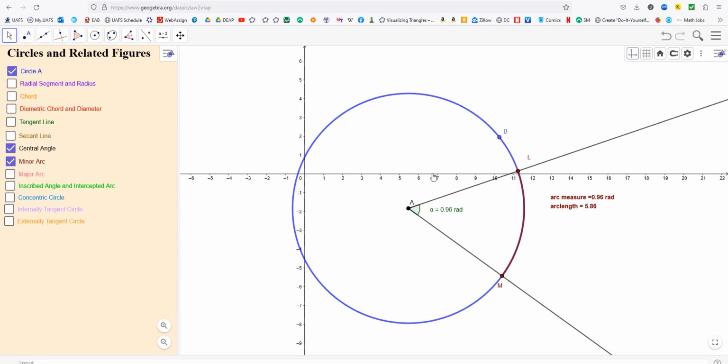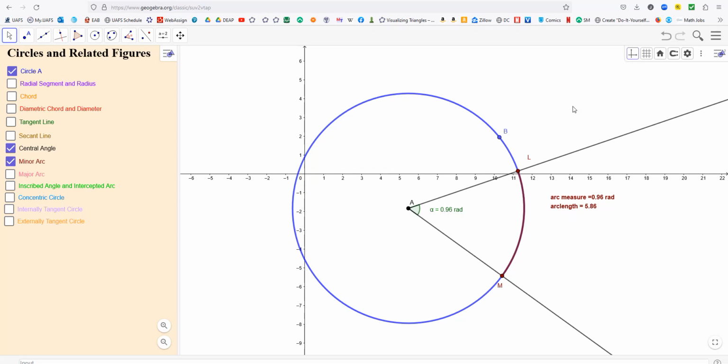If you were to take a piece of string, for example, and go around this, be real careful not to stretch it, just follow the path, cut that string off, and then straighten the string out and lay it along here, it would go to 5.86 about here. Okay, does that make sense? So from 0 to about 5.86, take a string of that length and it will follow along this path exactly.